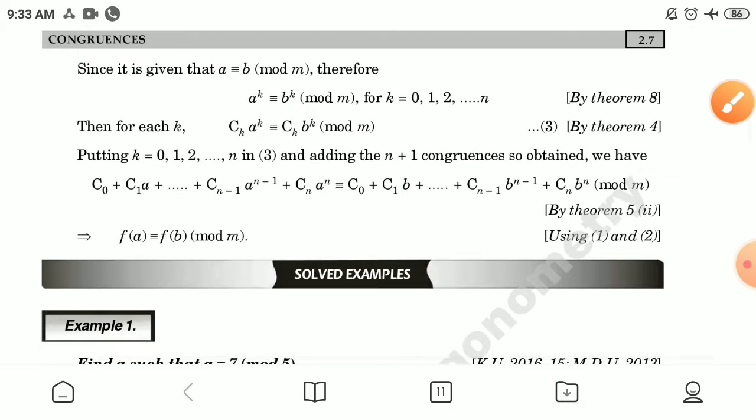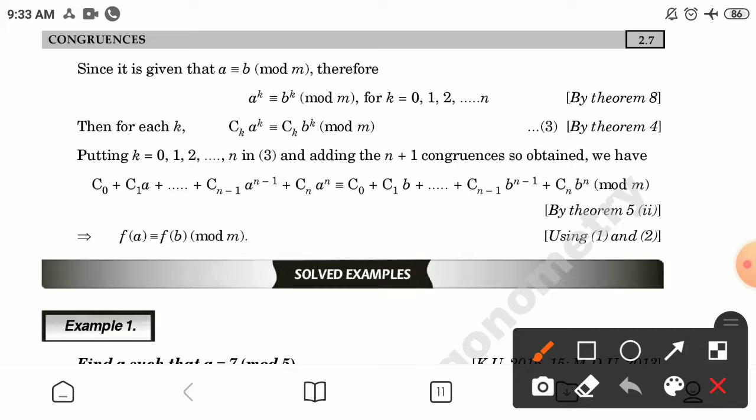Since it is given that a is congruent to b mod m, therefore a^k is congruent to b^k mod m for k from 0 to n by theorem 8. Then for each k, c_k a^k is congruent to c_k b^k mod m, marking this as number 3, by theorem 4.